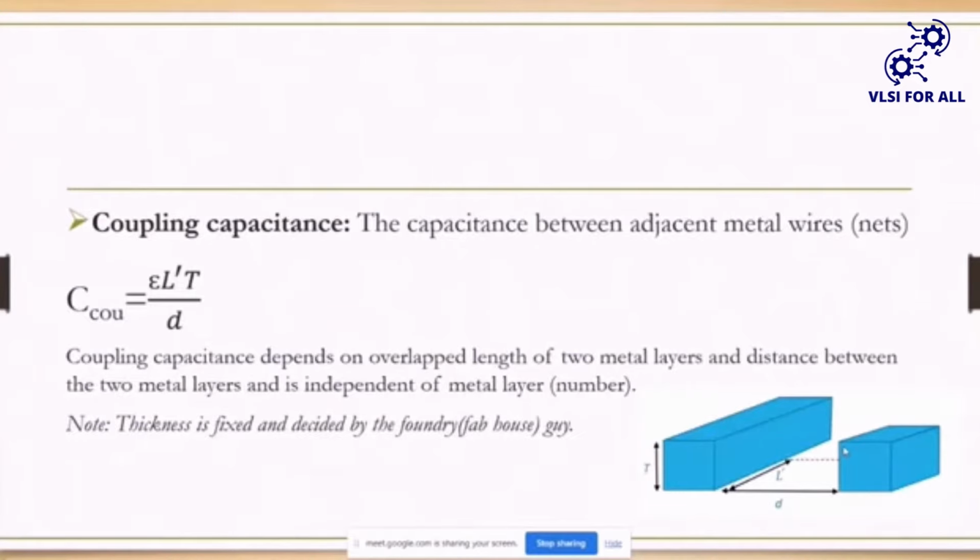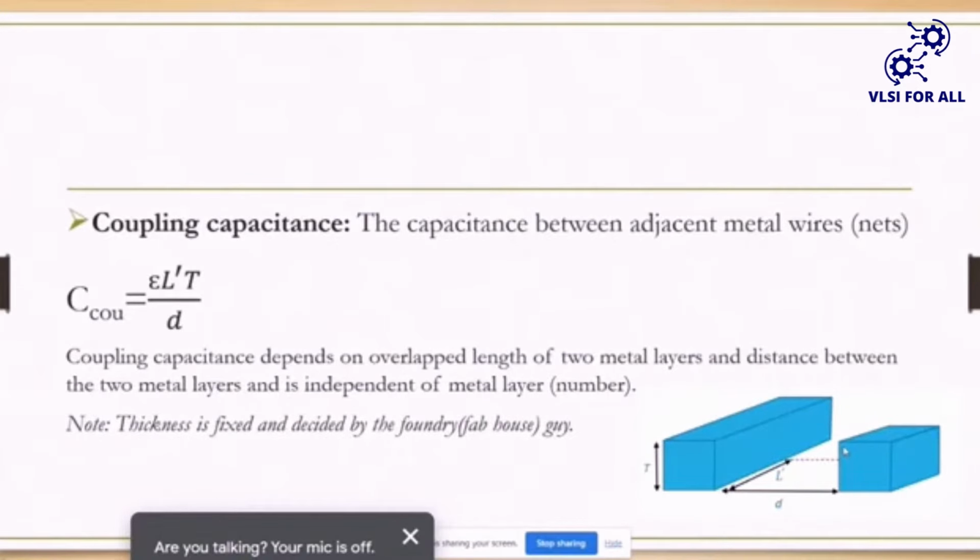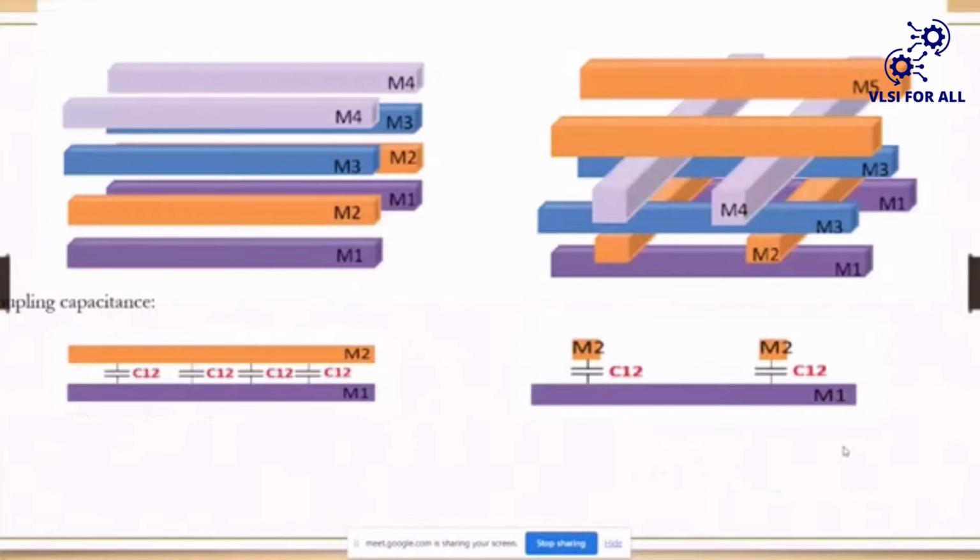Actually, as I told you, the diffusion, ion implantation, and oxidations are all present in the base layer, just like the cellar in an apartment. And in the metal one layer, all the pins of those corresponding elements are present. Means in the ground floor, the pins corresponding to the oxidation, diffusion, ion implantation, whatever elements are present. From there onwards, you get first floor, second floor, third floor, fifth floor.